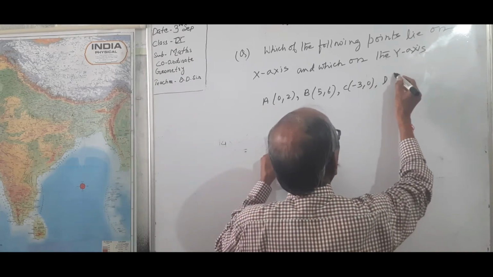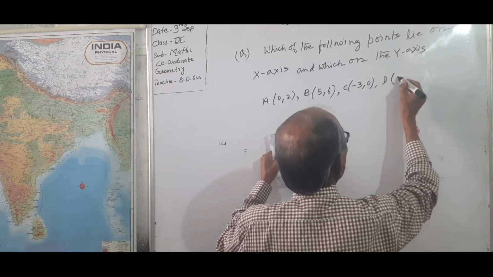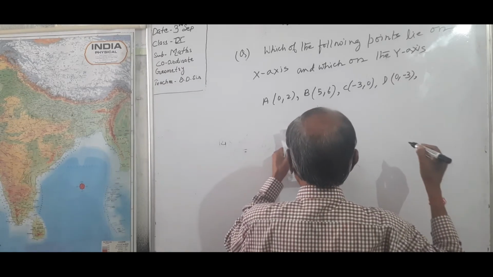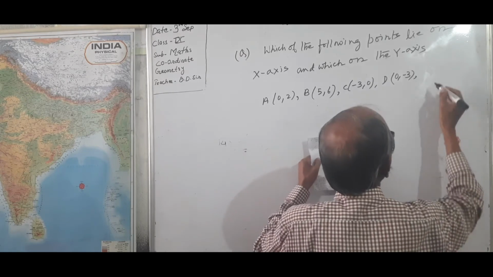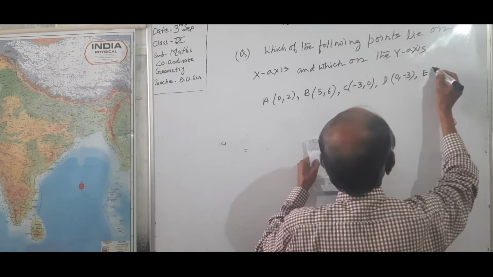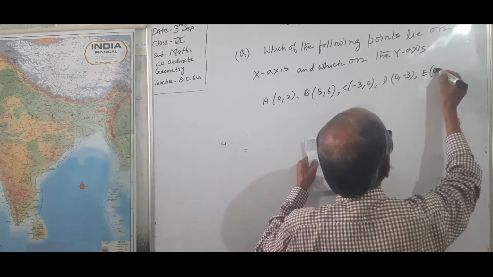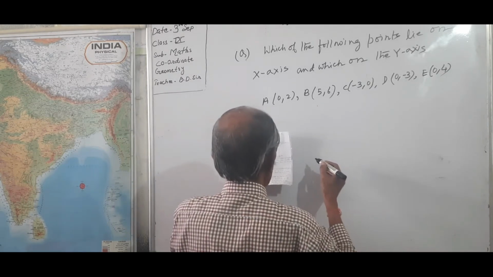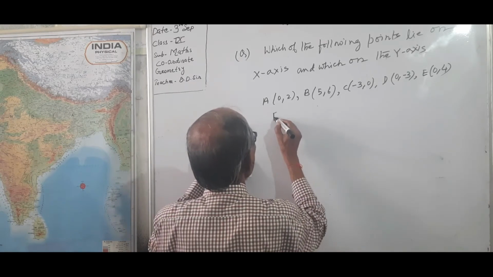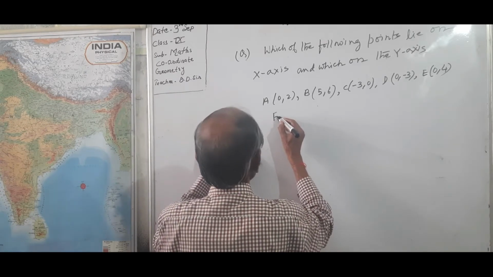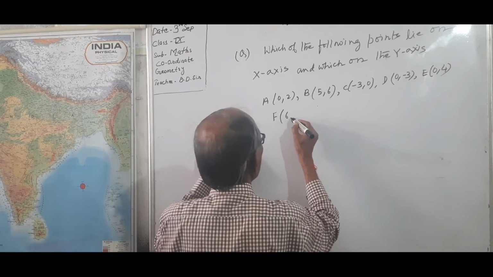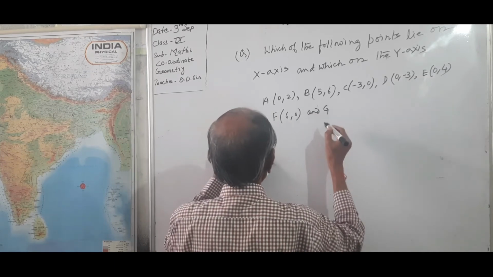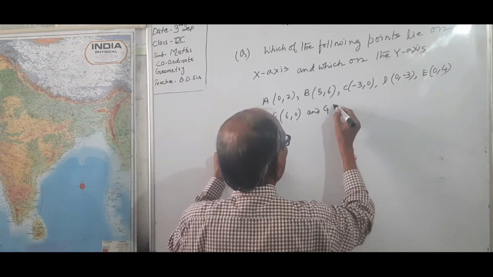Similarly D of coordinate (0, -3), and E, another point E, coordinate (0, 4), and the next point F, coordinate (6, 0), and G, the last point, (3, 0).